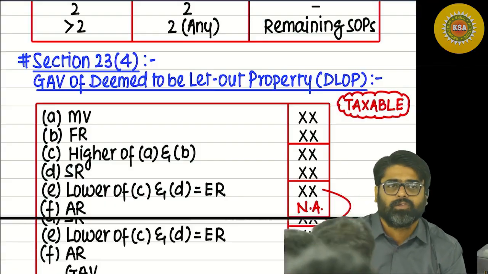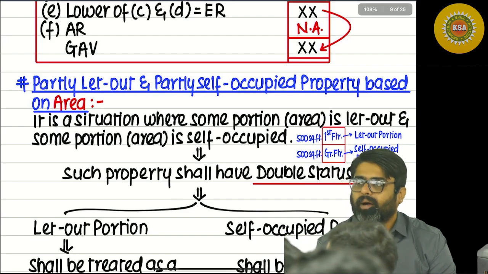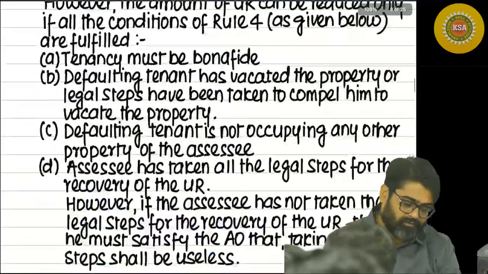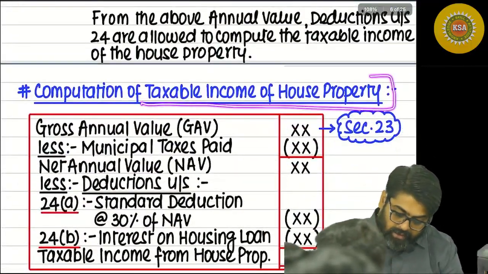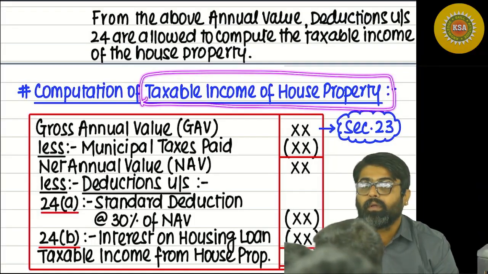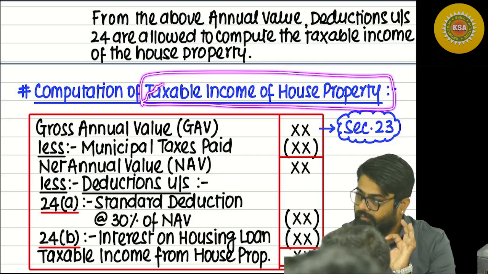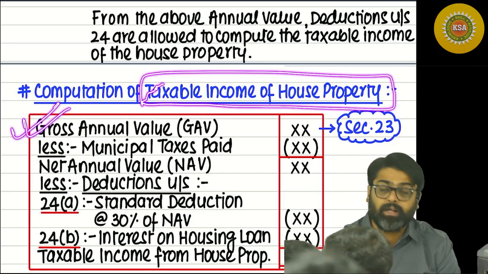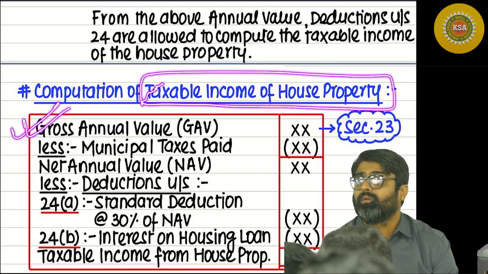Easy? Sure, sir? Now, see, partly let out and partly self-occupied property. Right now, under this chapter, you are supposed to calculate the taxable income of every property which you have brought under this head. For every property you will first have to determine the annual value as per the section.